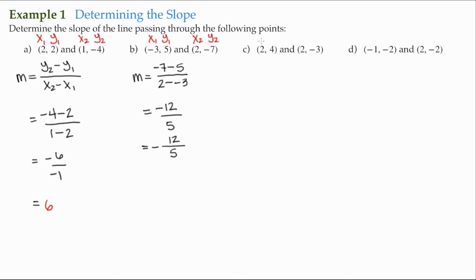How about if we label this one x sub 2, y sub 2, and this one x sub 1, y sub 1? Because it doesn't matter which one you label with the subscripts of 2 and the subscripts of 1.